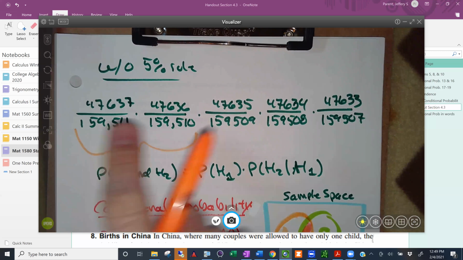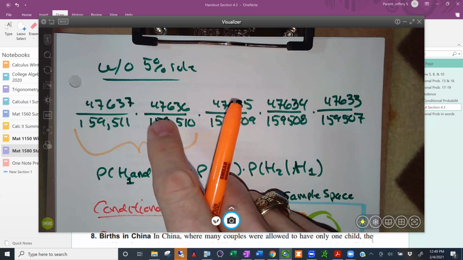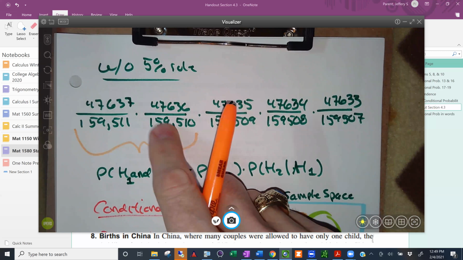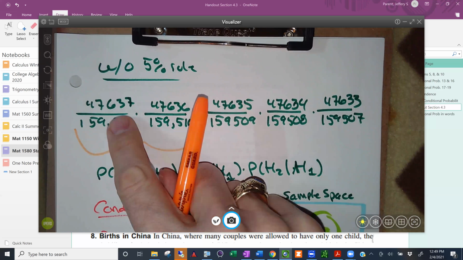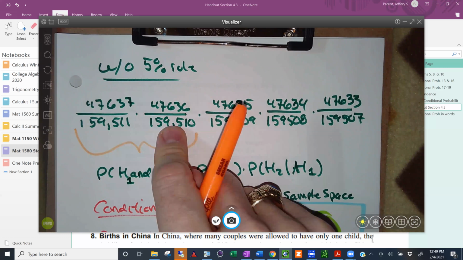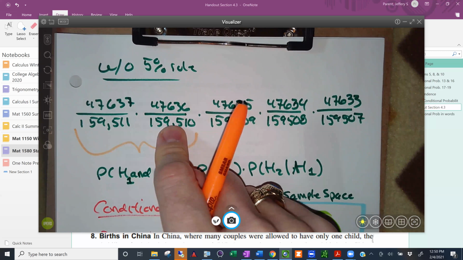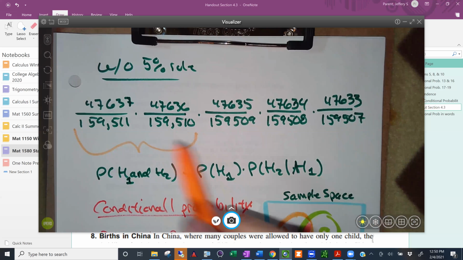But this one asks, what's the probability of getting a helicopter ride on the second person, given that this already happened? So you had to say, I took one out of this numerator and one out of that denominator. That gave me that probability. Well, guess what? You calculated the probability that the second person got a helicopter ride given that the first one did. That's what you calculated right there.